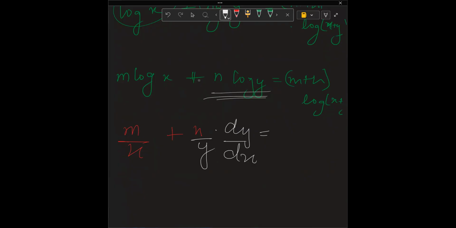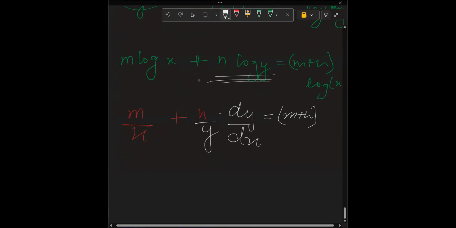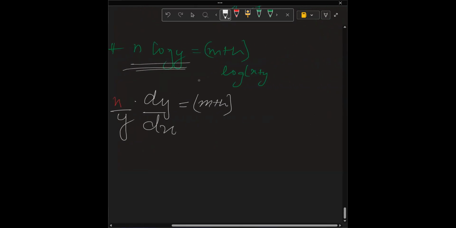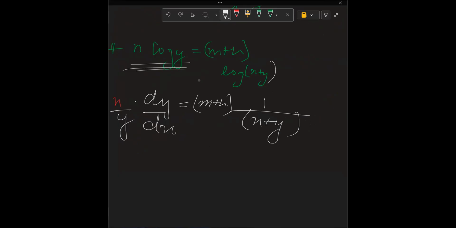ठीक है? And in this case, m plus n, we can take m plus n common, and for log of x plus y, we know what the differentiation is: 1 upon x plus y, and again the derivative of x plus y should be multiplied in the numerator, that is 1 plus dy by dx.